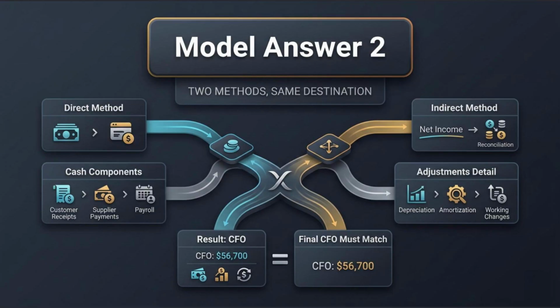Removes items like gains or losses that belong elsewhere and adjusts for working capital changes such as receivables, inventory, and payables. Both methods must produce the same CFO because they are different presentations of the same operating cash flows. The method changes the route, not the destination.